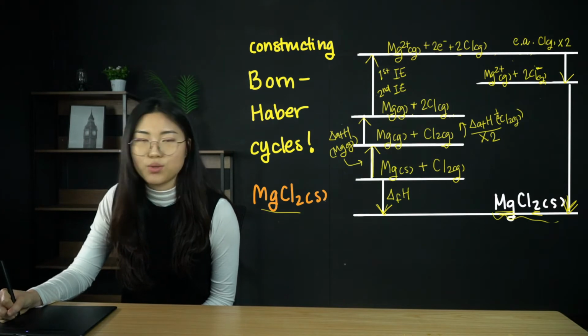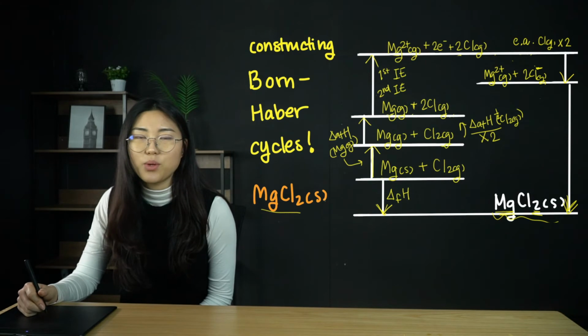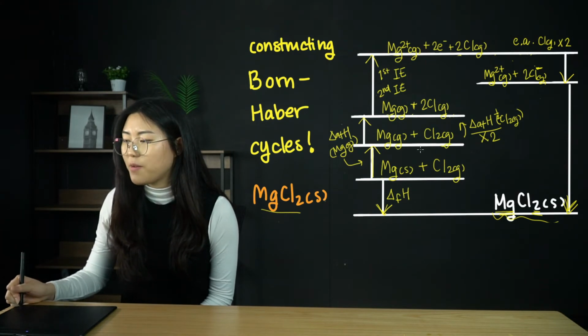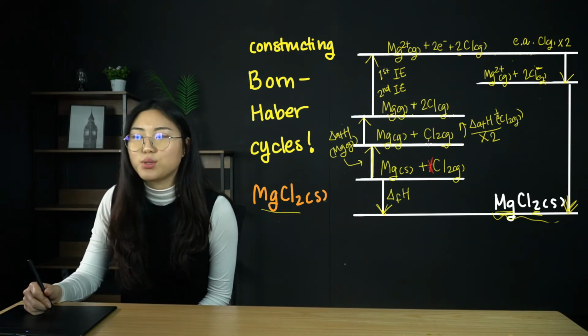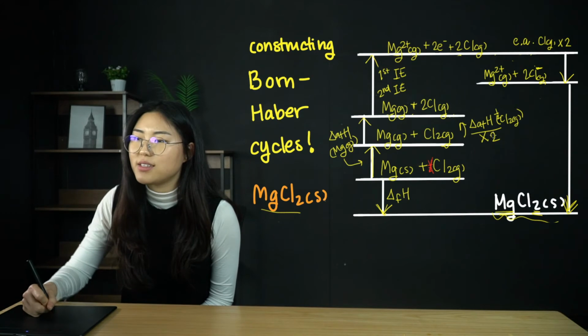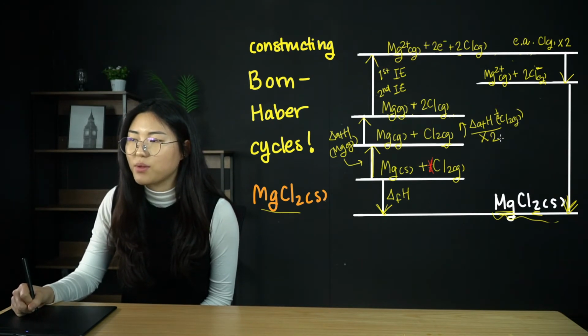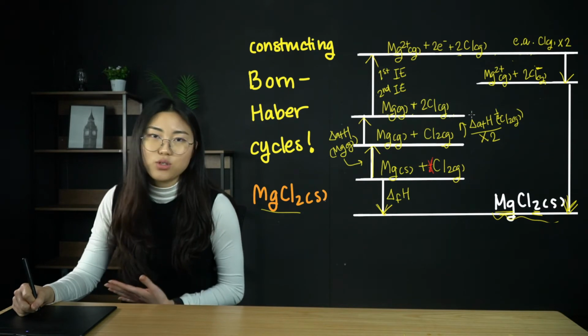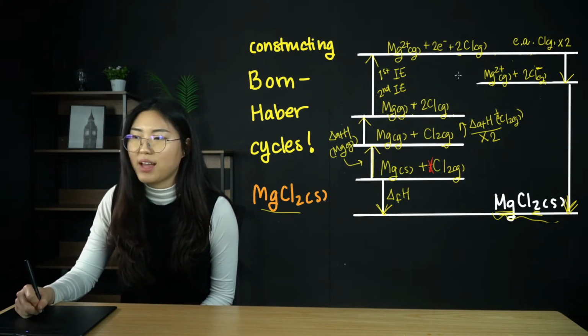So over here, the difference from the sodium chloride was, first of all, we didn't have to do a half over here because we need the 2 atoms, right? And we had to times the atomization enthalpy of chlorine by 2 because we need 2 moles of gaseous chlorine atoms.